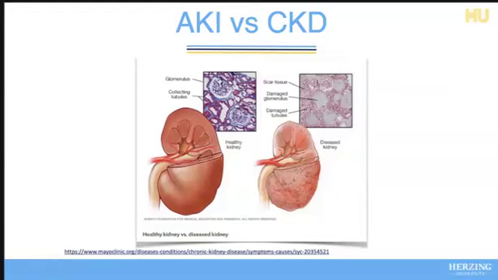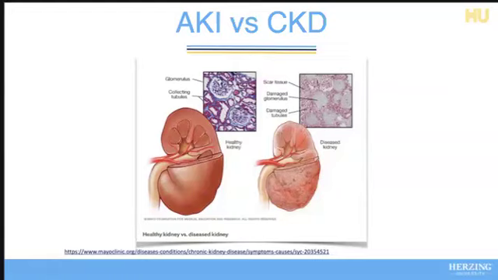Now, chronic kidney disease can lead to several different complications, and just a few of those we're going to talk about real quick. One includes fluid and electrolyte imbalances. So, of course, we see hyperkalemia, metabolic acidosis. We see anemia, and that's due to decreased erythropoietin production.